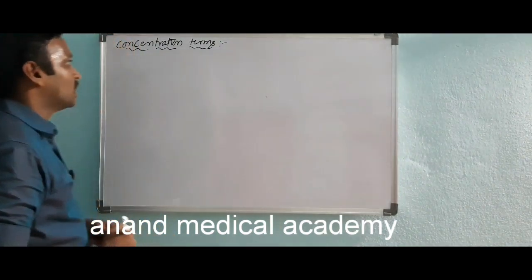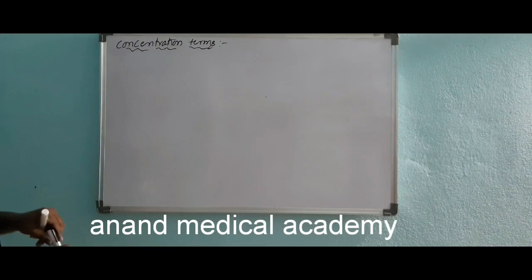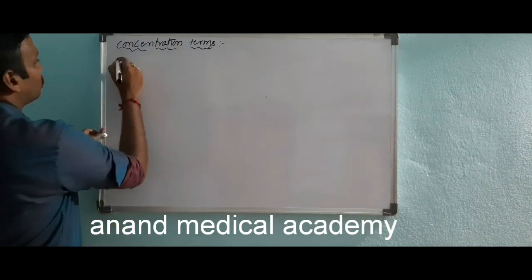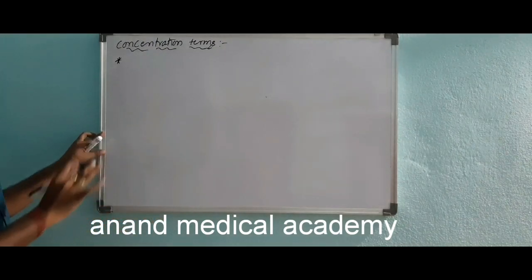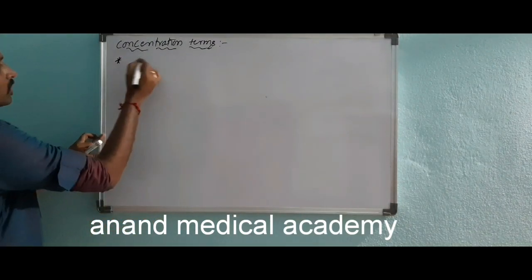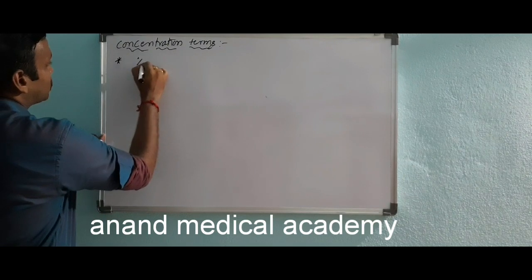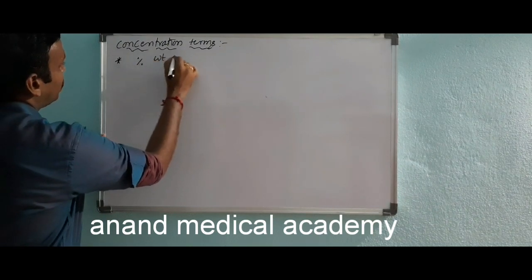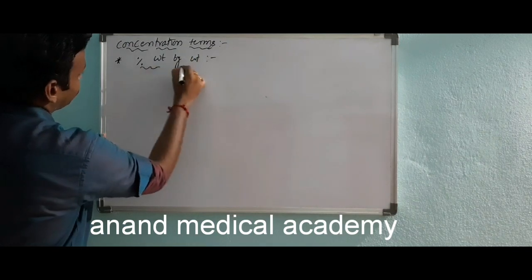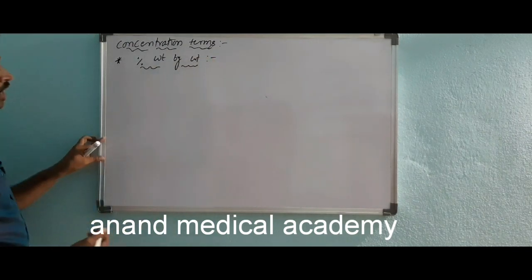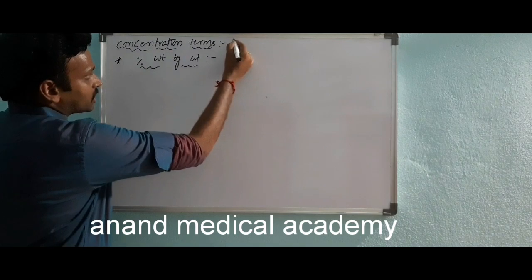So what are the concentration terms? One by one we will discuss; I won't write all types at once. First, percentage weight by weight. What is percentage weight by weight?